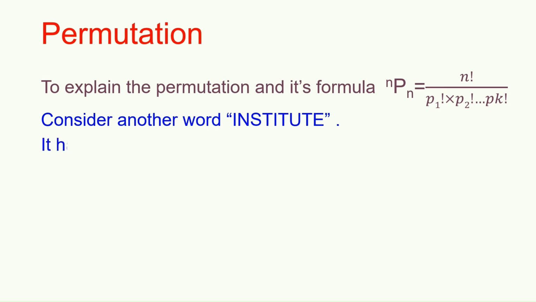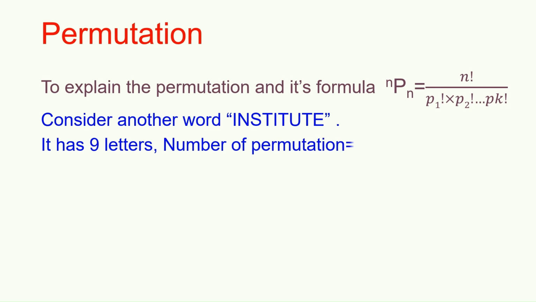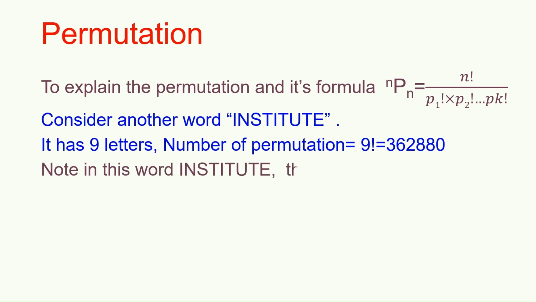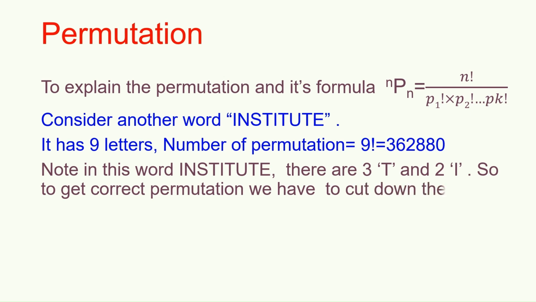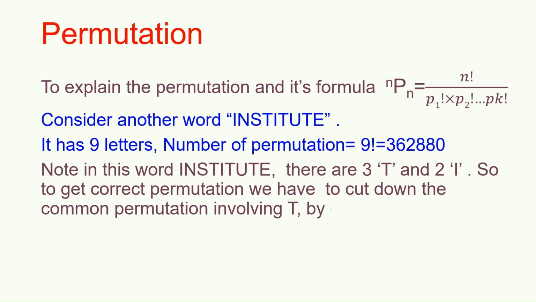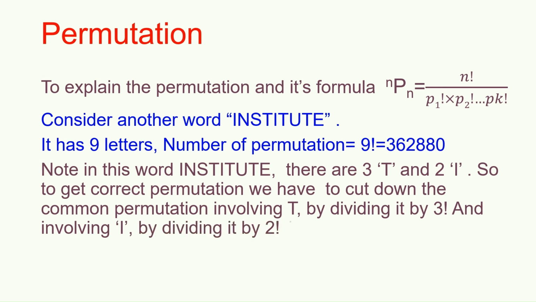Consider another word, institute. It has 9 letters. Number of permutations equals factorial 9, which equals 362,880. Note in this word institute, there are 3 T and 2 I. So to get the correct permutation, we have to cut down the common permutations involving T by dividing by factorial 3, and involving I by dividing by factorial 2.